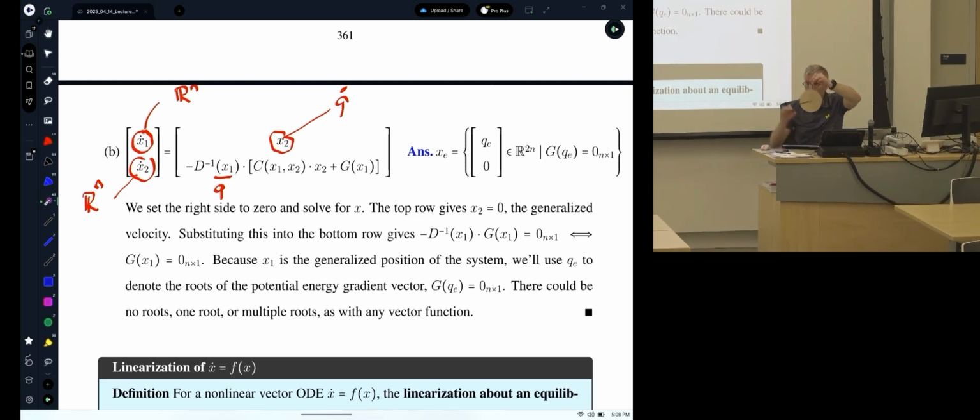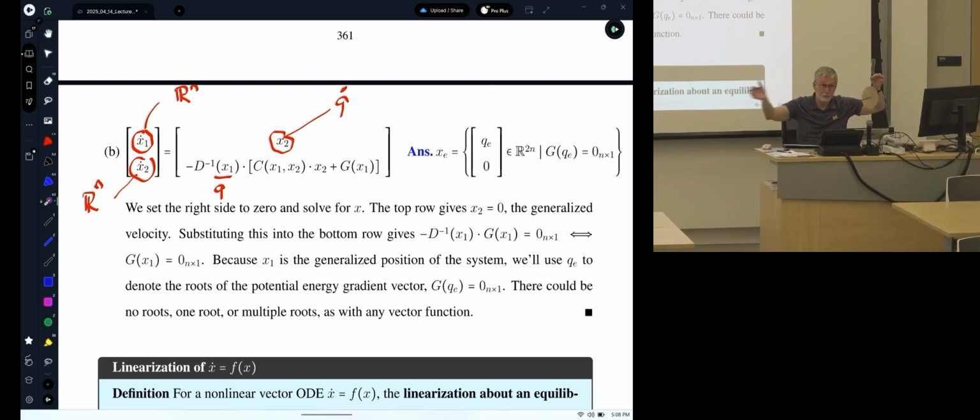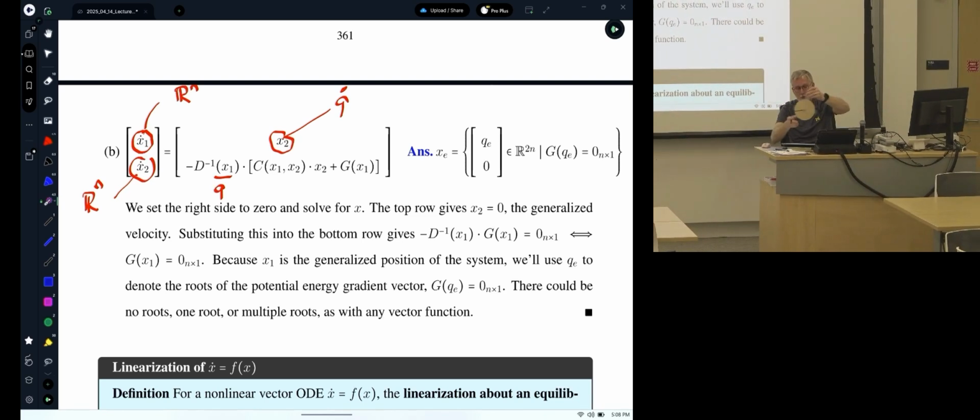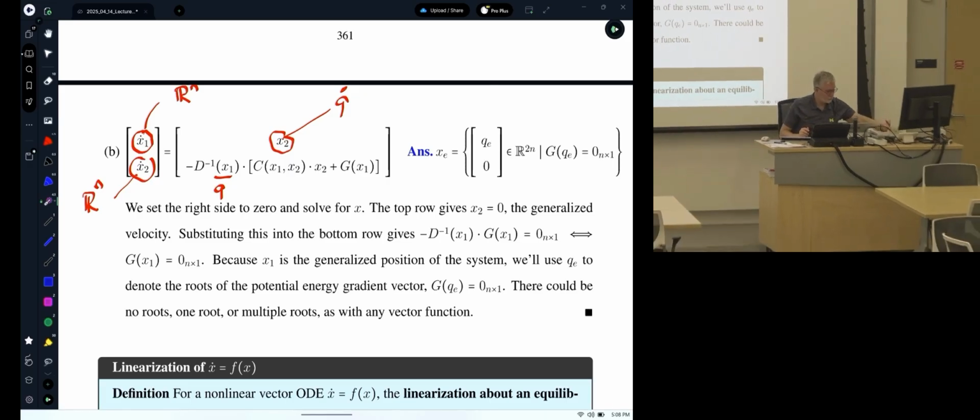So they don't have to be distinct. There can be a continuum of equilibria. It's usually only when there's a totally symmetric element in the system, and that doesn't happen unless you've got wheels mostly, or gears on a motor.